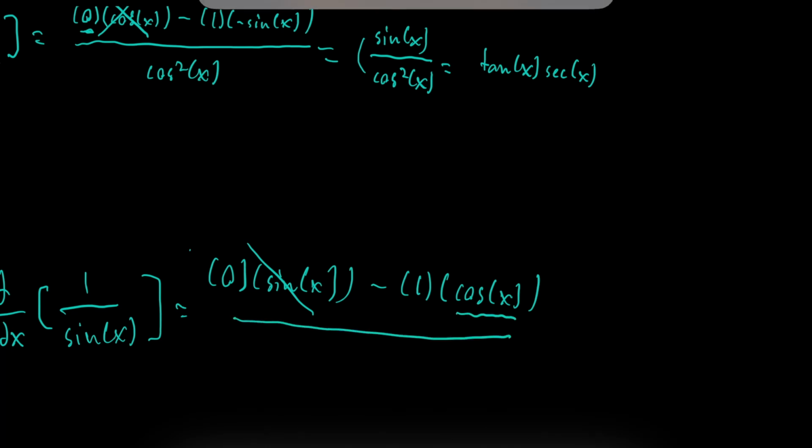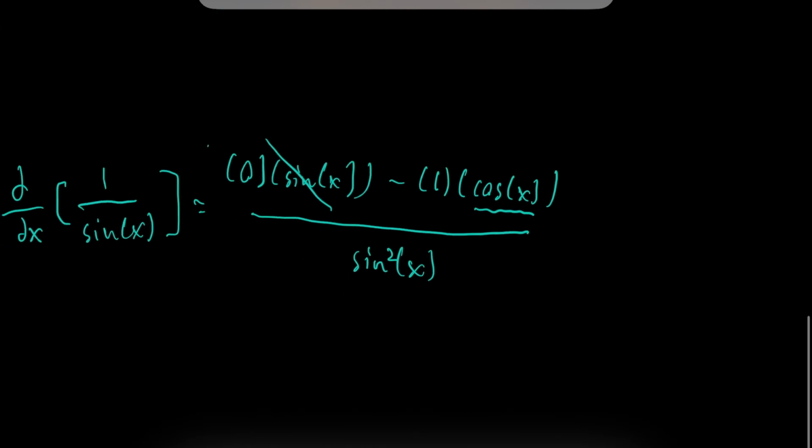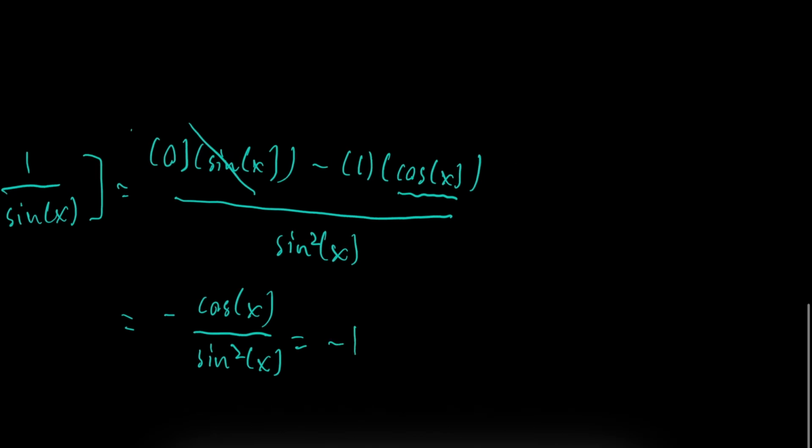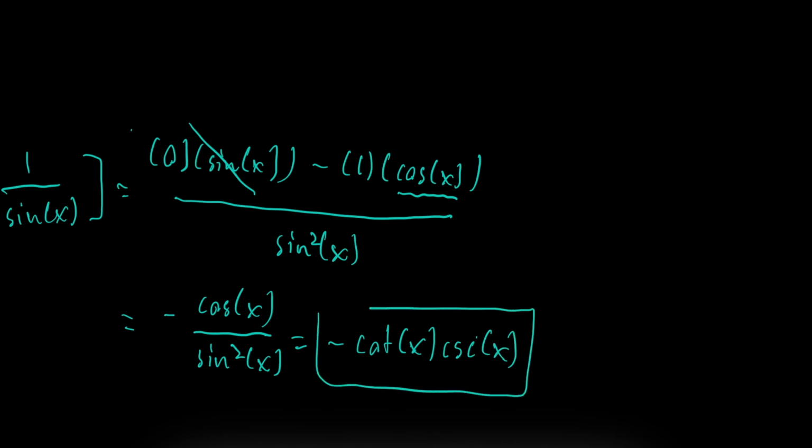All of that over sine squared of x, right? Okay. And this is equal to negative cosine of x over sine squared of x, sorry, right? And you can rewrite this as negative cotangent of x, cosine of x over sine of x times cosecant of x, right? And this would be your final derivative here.